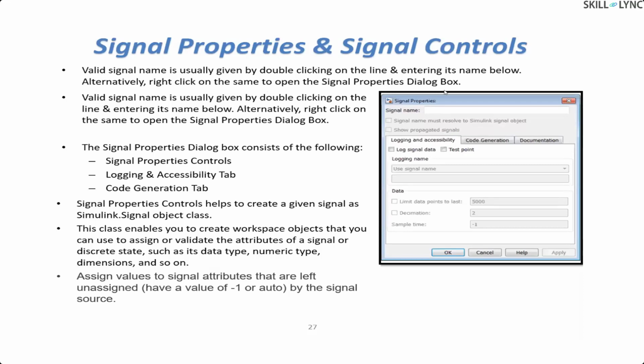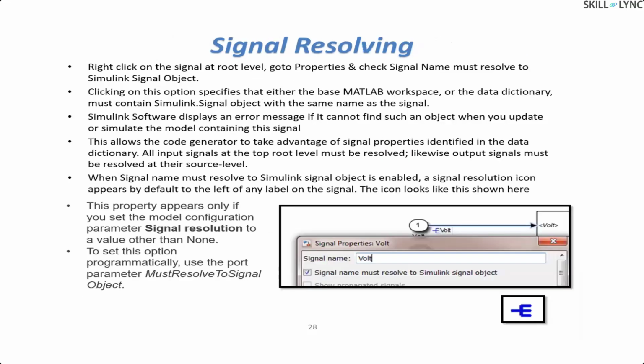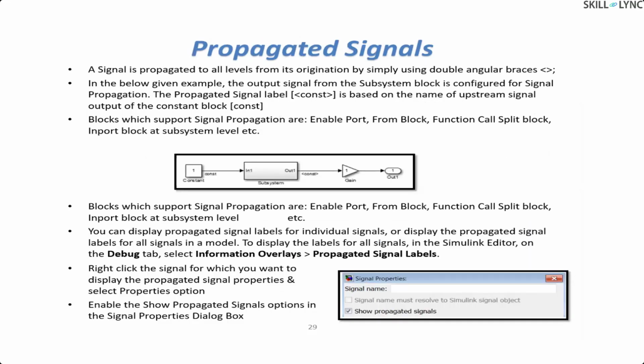In this you can also fix some properties, like properties with respect to the propagated signal and signal resolving, which can be taken care of over here. About the significance of signal resolving and why we need to resolve the signal, the time constraint is too small to discuss these things. The same goes for propagated signal.